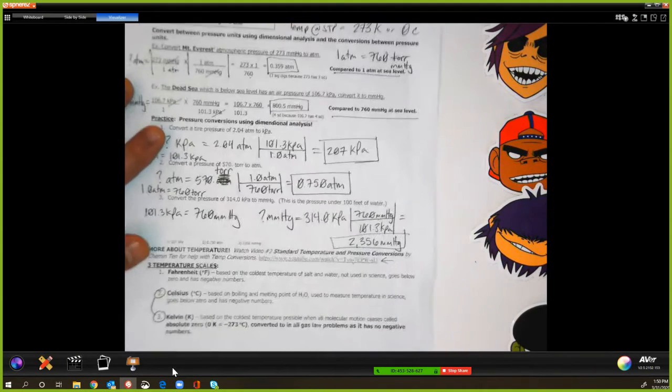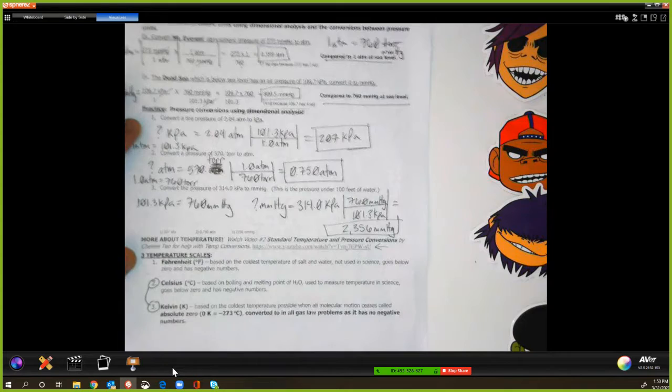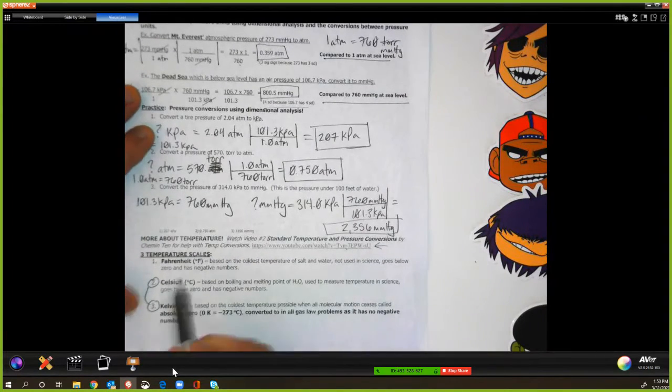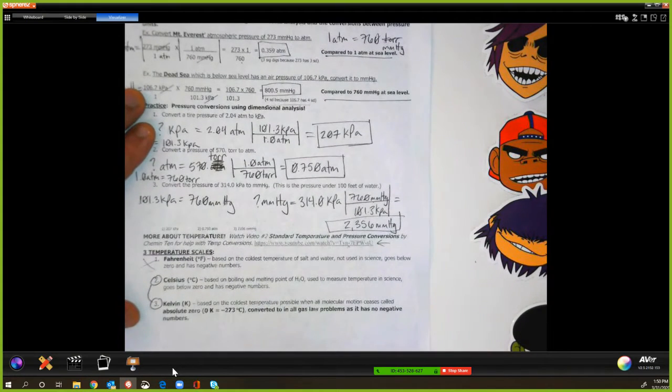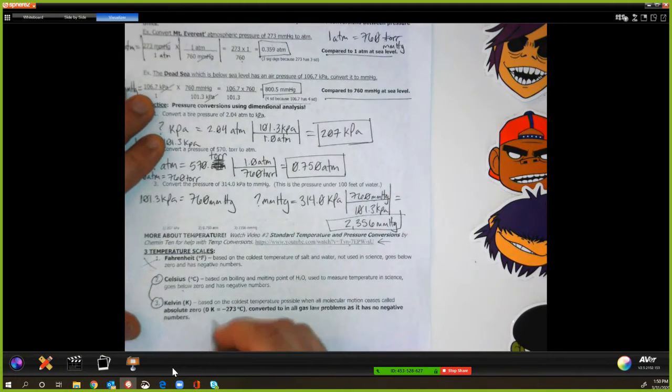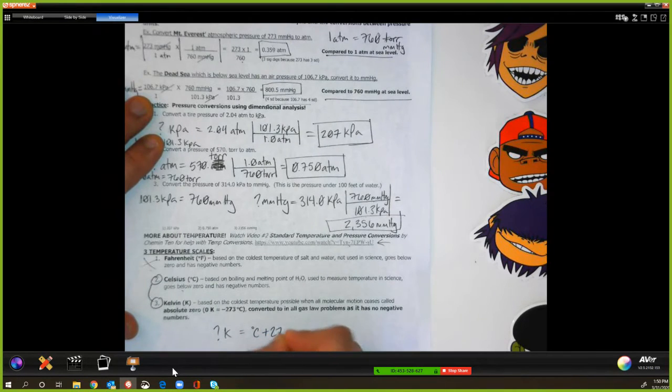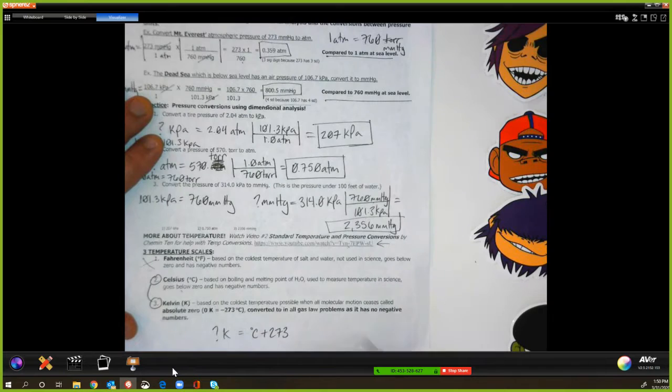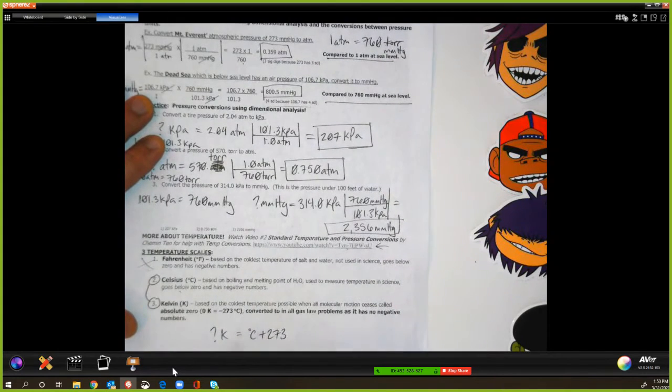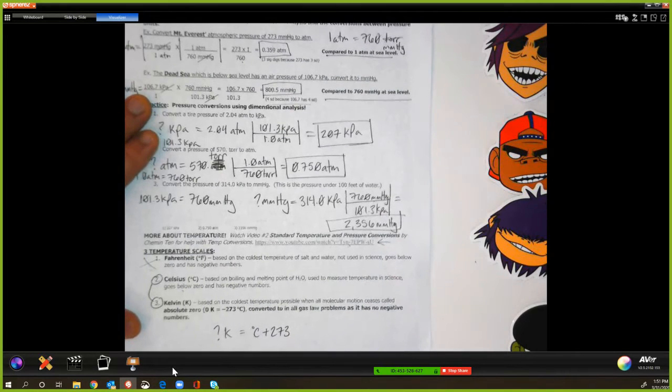So getting to the rest of this, they do talk about Fahrenheit a little bit here. I wouldn't worry about that. That's just good information. We always convert from degrees Celsius to Kelvin. Always. So if you want to know how many Kelvin, you just get your degrees Celsius and you add 273. That gives you Kelvin. And you're going to need to do that for the notes that we have this week.